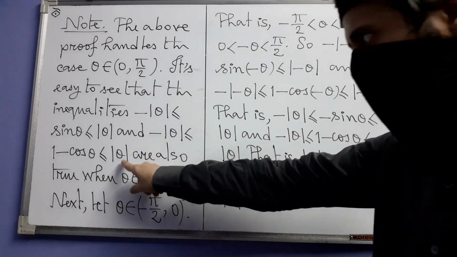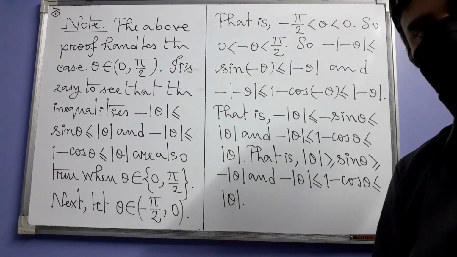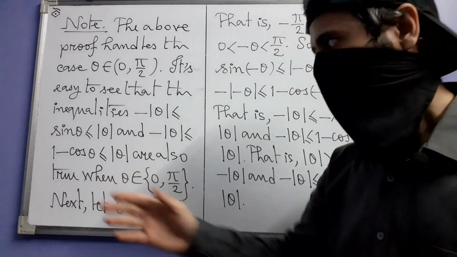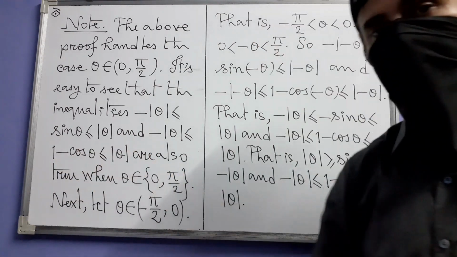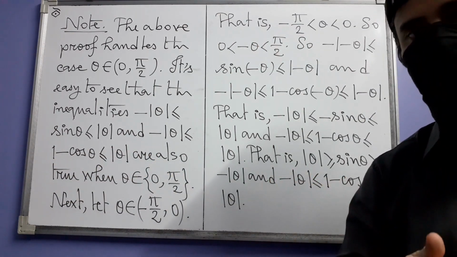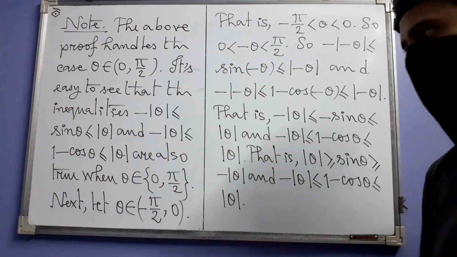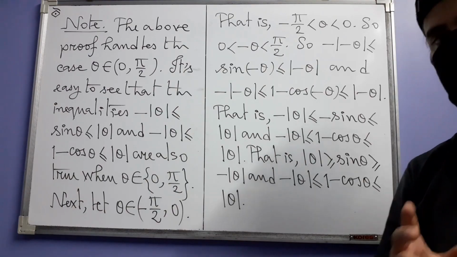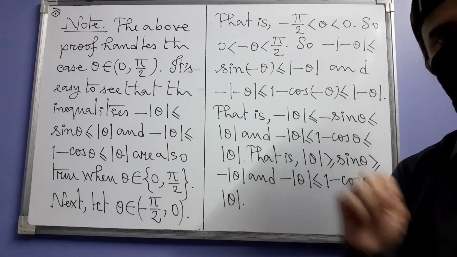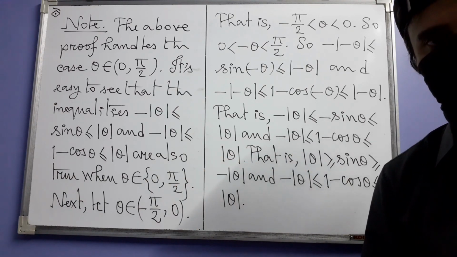What do you get in the second set of inequalities when you take theta equal to pi over 2? Again you get 1, because 1 minus cos pi over 2 is 1, cos pi over 2 is 0. So this is also true. But say you want to have the same inequalities for negative thetas.